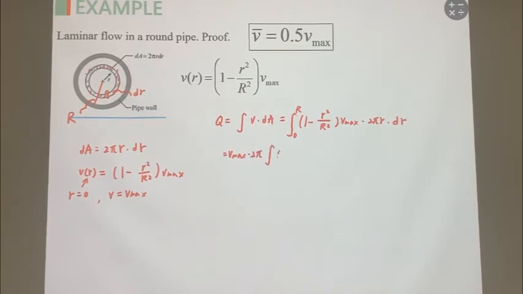So inside I only have 1 minus r squared over capital R squared, and there is r and dr, with the interval from 0 to capital R.